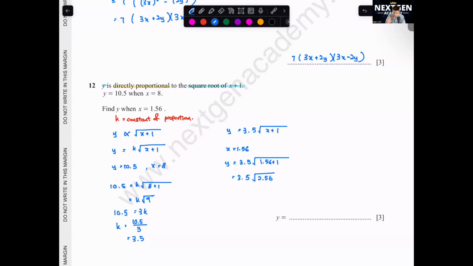Okay, I would predict that in the non-calculator paper, probably they'll give you an easier value, an easier value for you all to calculate. Okay, so this one you all use calculator. Square root 2.56 is 1.6, then times 3.5, which is equals to 5.6. So this part here, you all just use your calculator.